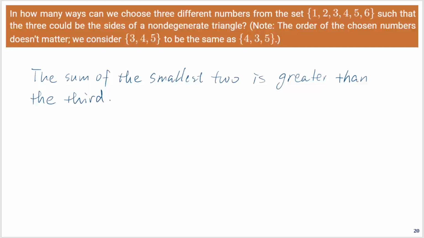Also, the sum of the largest one and the middle one is also larger than the smallest one. This is necessarily true, right? So you only need to ensure the sum of the smallest two is greater than the third one. In that case, let's do some casework here. So case 1, the smallest side has length 1.